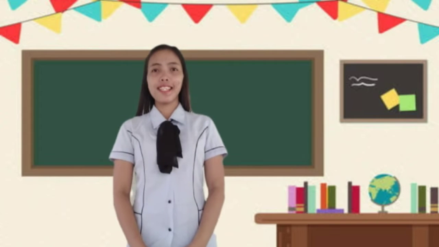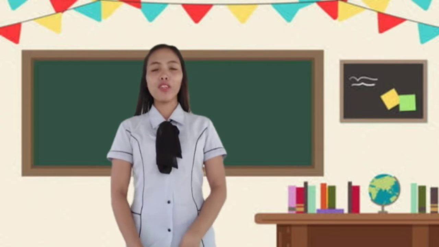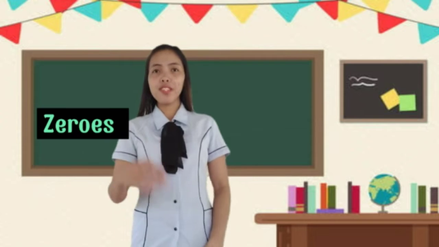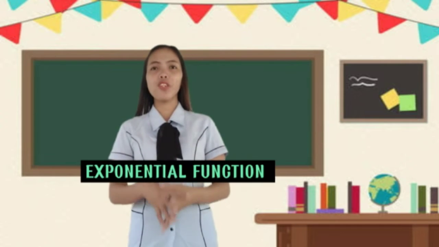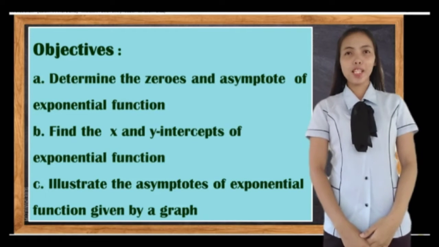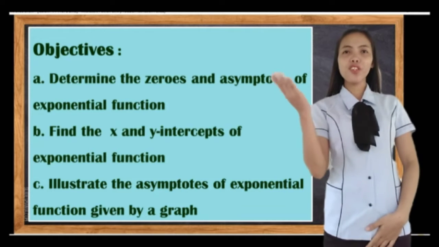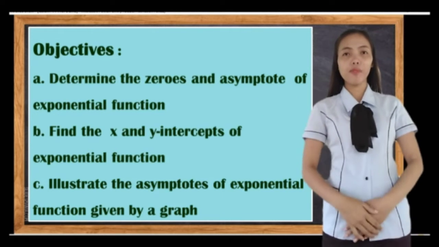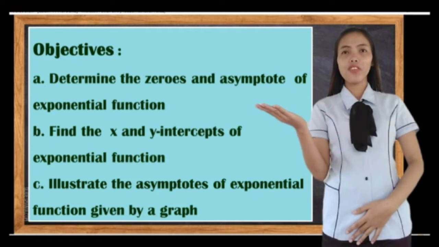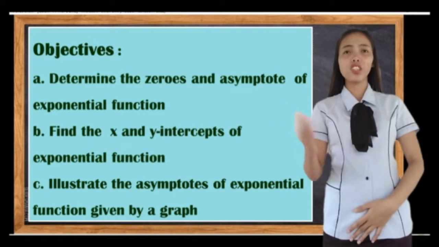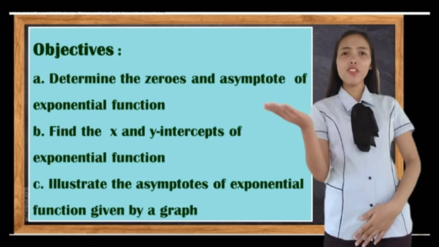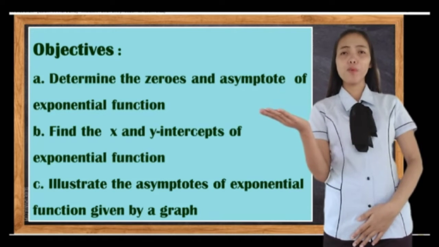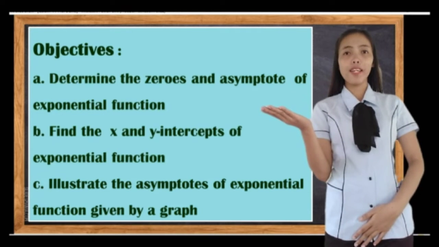So for today's lesson, we're going to talk about intercepts, zeros, and asymptotes of exponential function. Our objectives for this lesson are to determine the zeros and asymptotes of exponential function, find the x and y intercepts of exponential function, and last is to illustrate the asymptote of exponential function given by a graph.